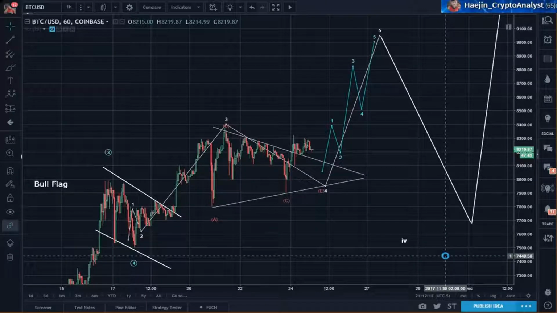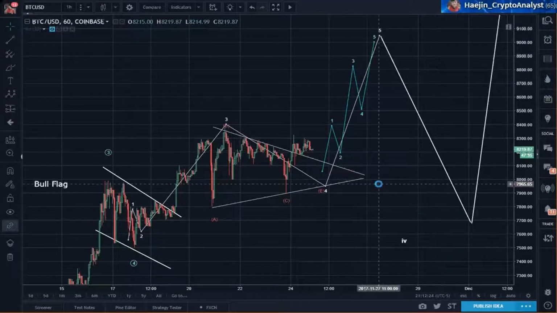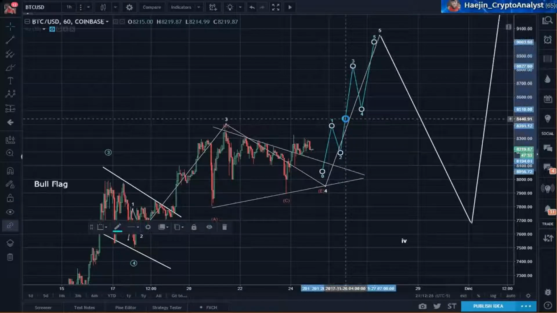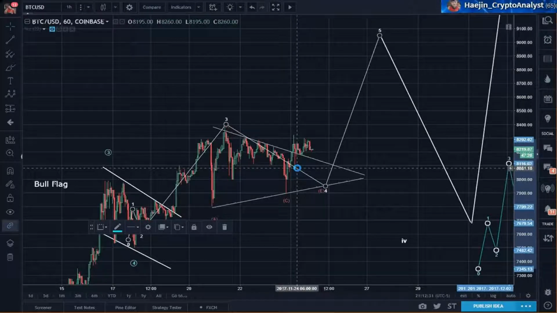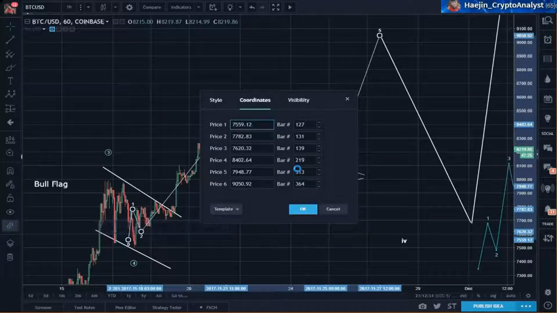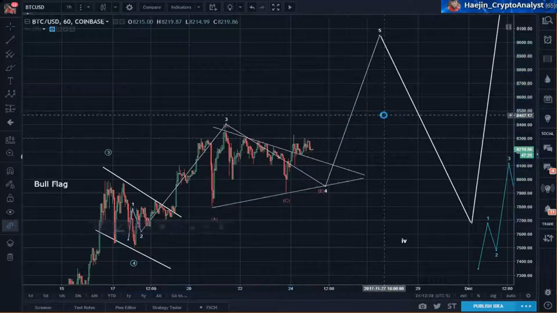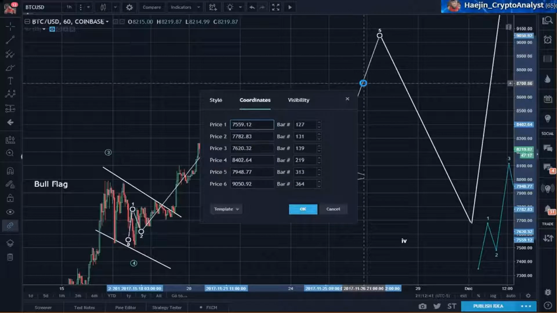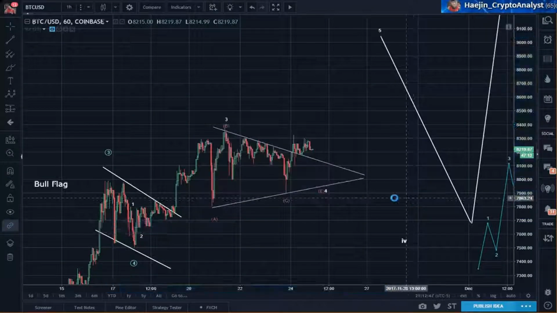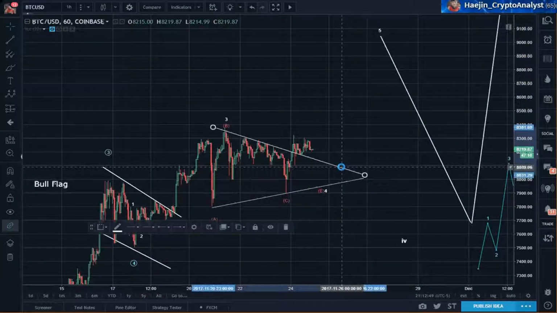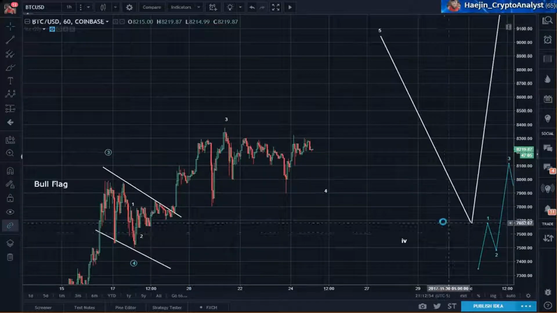There are some other things that I want to talk about, but just to tackle this, if we put aside some of the labels here and get rid of those lines, get a little cleaner shot.